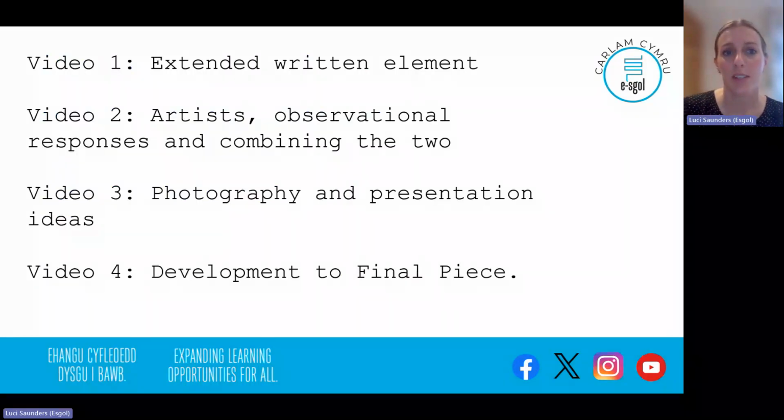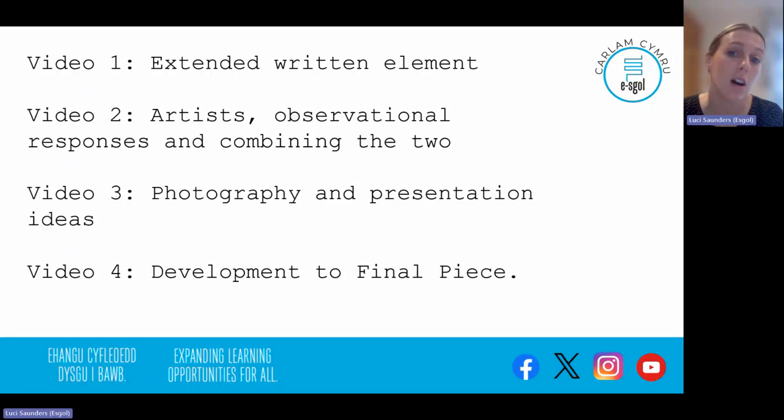Okay, so this is the second video of 4. I mentioned in the previous video that the last video was for the extended written element, which is just for the PI, so there isn't an extended written element for the ESA. The other 3, including this one, can be used for any of the units and don't need to be watched in order necessarily.